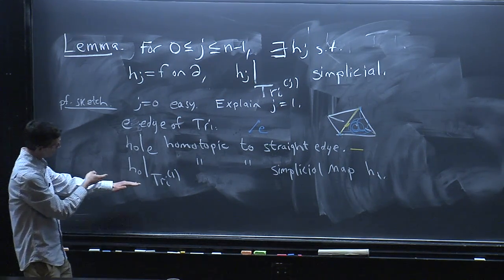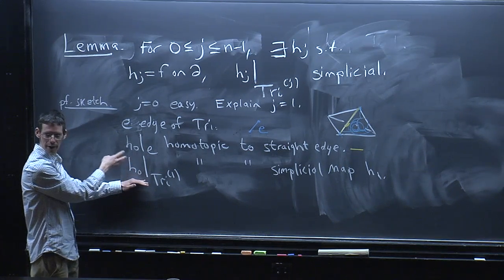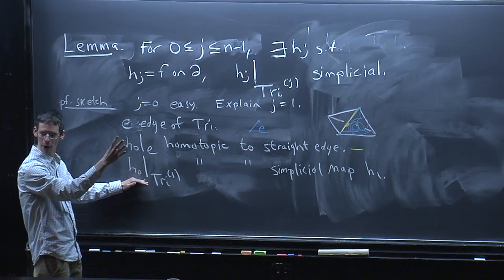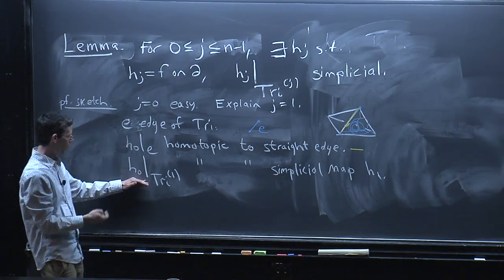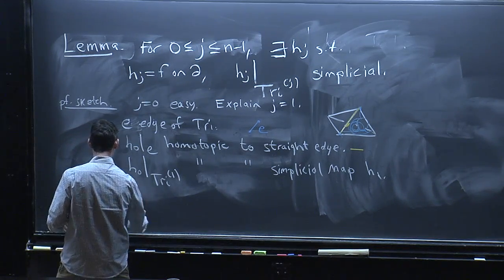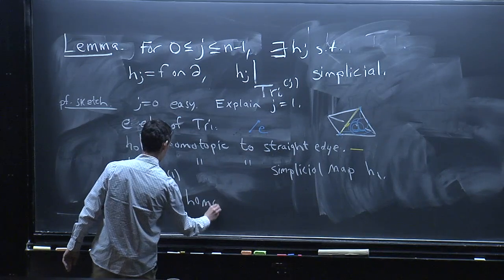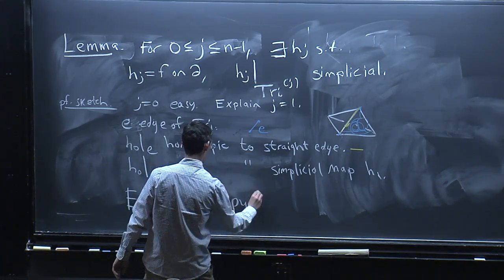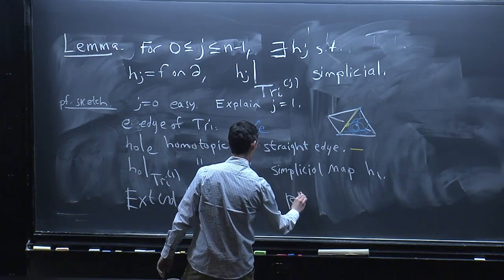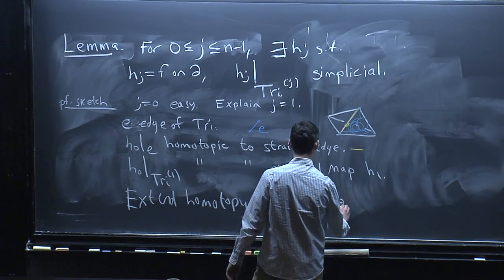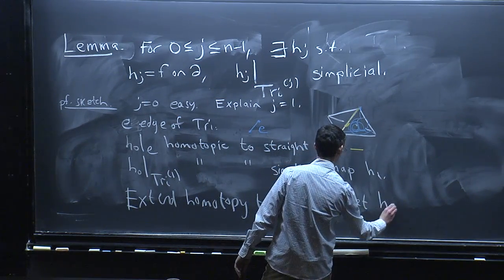And it's a homotopy. So I start with H0 on the one skeleton, and I homotope it to a better map. And I can extend that homotopy to the whole space, to the whole B m plus 1. And that gives me H1.